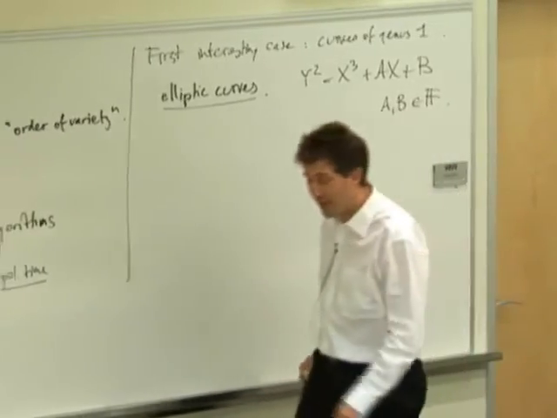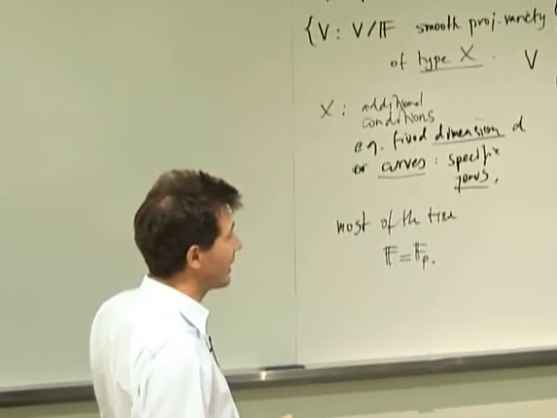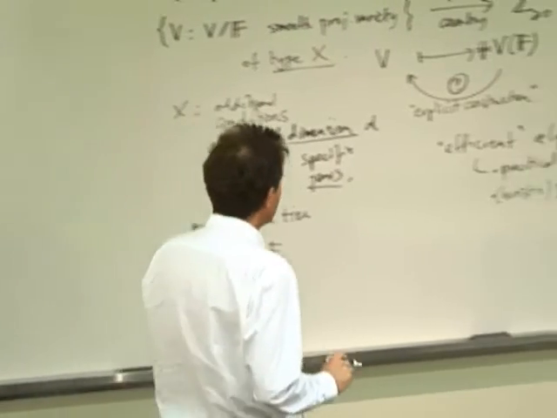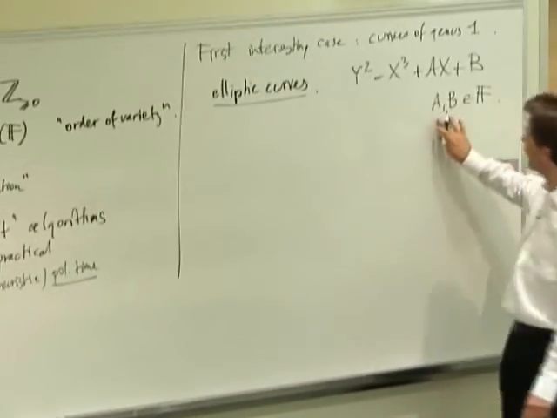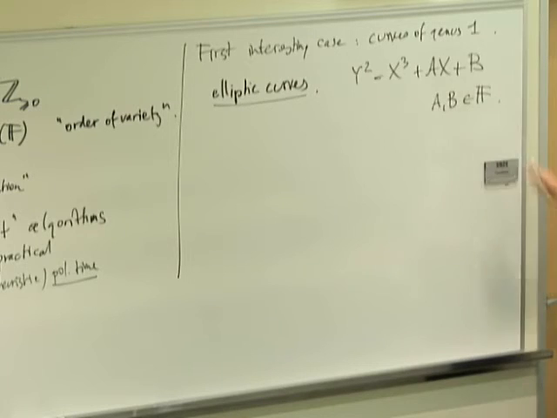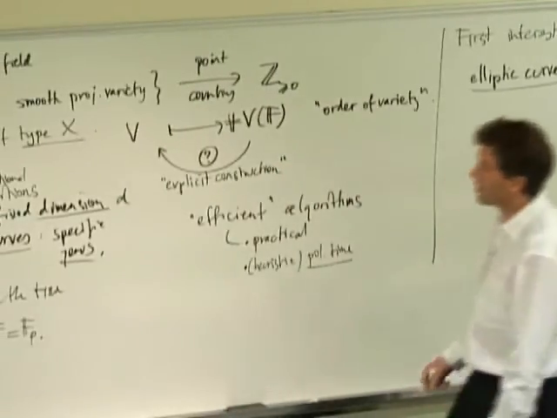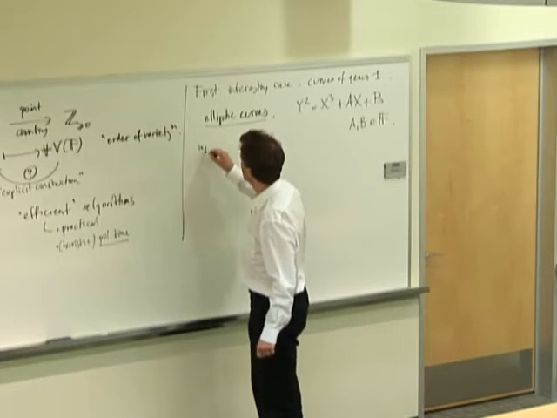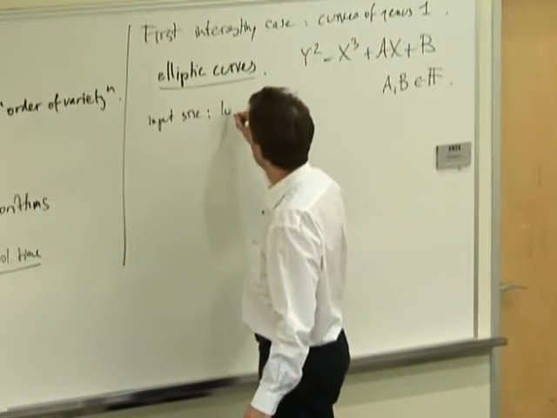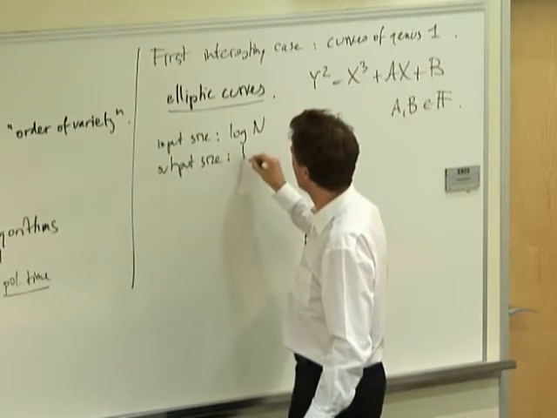So what it takes to specify an elliptic curve is just two coefficients, two elements a and b from your finite field F. The output size is two elements from F, and to specify an element from F you need log of the cardinality of F bits. So for the prime field, your output size is something like log p.